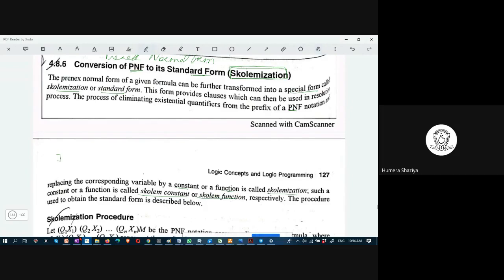We have got there exists x, that is the existential quantifier. This has to be eliminated, in the sense that it has to be removed from the formula. And when you are removing the existential quantifier from the formula, it has to be replaced by a constant such as x or y, or it can be replaced by a function alpha of x.